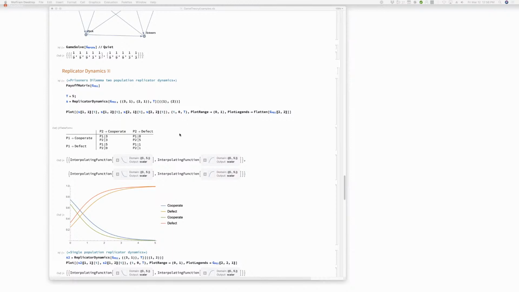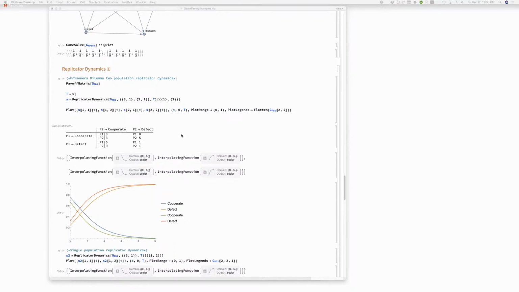Or you can join those two populations, in which case they are playing against each other. For example, in this prisoner's dilemma case, in the fixed points, it doesn't make any difference. If the populations are disjoint for player 1 and player 2, in both populations cooperation will go down and defection goes up.